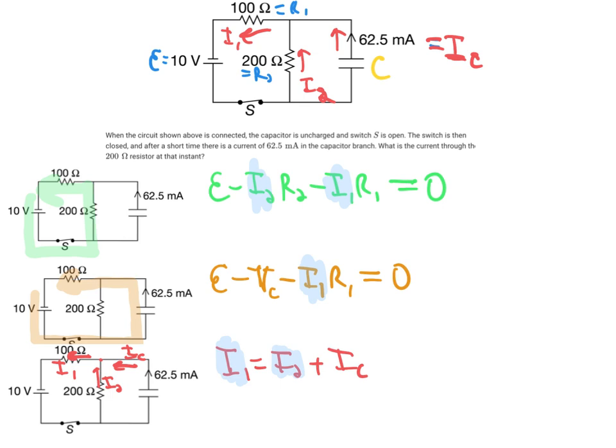And we don't know the voltage across the capacitor, and we weren't given the capacitance, so it's hard to measure. So there we go. How many things is that? Well, we don't know I2, we don't know I1, we don't know V across the capacitor. On the other hand, how many equations do we have?